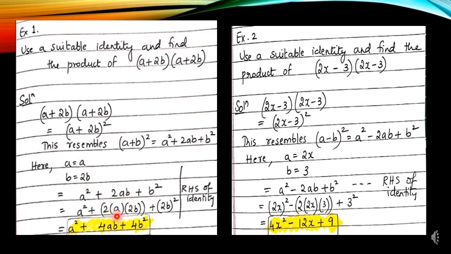So 2ab will be 2a, 2b. All these three to be multiplied and written as single term. Then plus b square. What is the value of b? B is 2b. So b square is going to be 2b the whole square. Hope you all understood how to find out the values of a and b for the identity and then substitute that in the RHS of the identity.